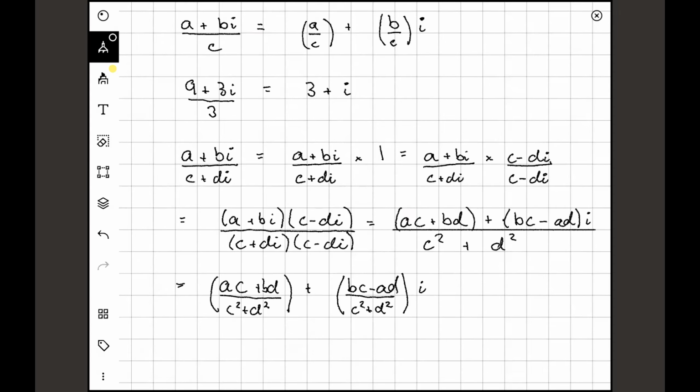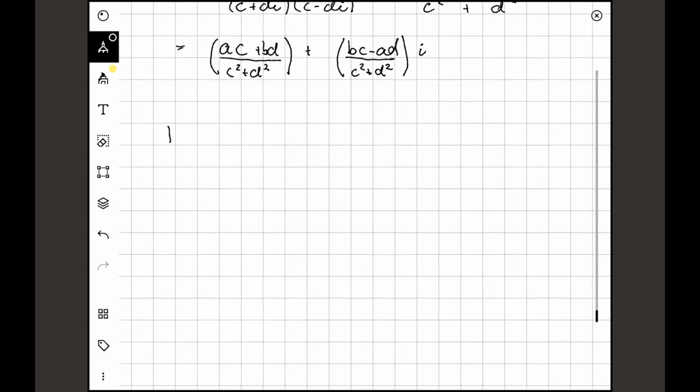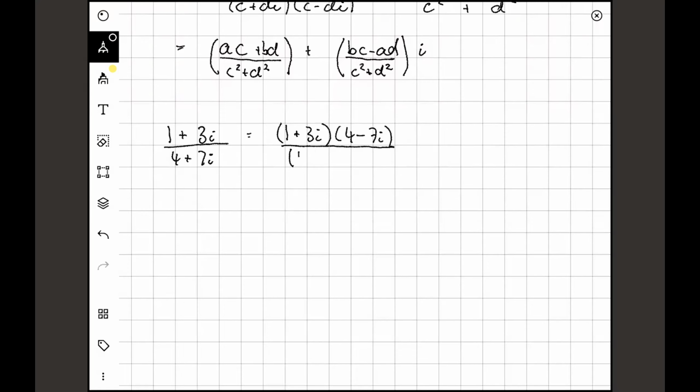So let's finish off by looking at an example of this. If I want to do 1 plus 3i over 4 plus 7i, well, I multiply the top and the bottom by 4 minus 7i. Here we go. 4 plus 7i times 4 minus 7i. And we expand them out.